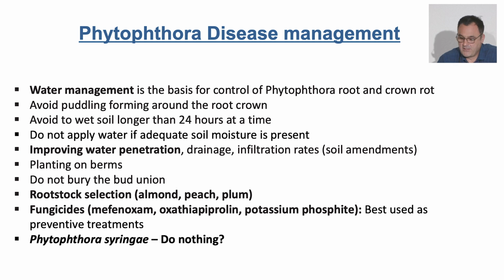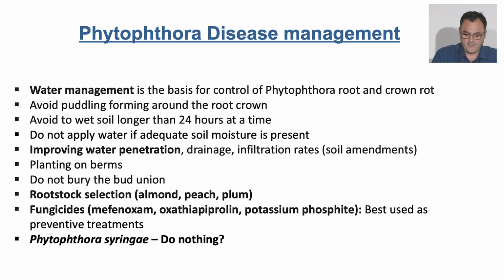My colleague Jim Adaskaveg has done a lot of work to show which products are effective for Phytophthora. We have an interesting new molecule, oxathiapiprolene, in the product Orondis. This can be applied through the drip and helps clean the soil of Phytophthora propagules.